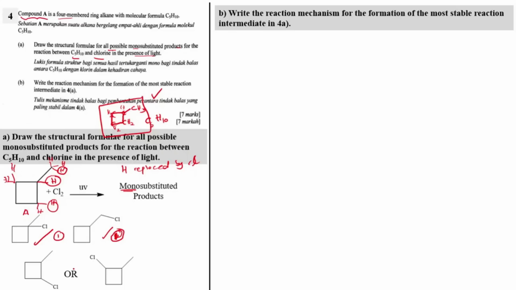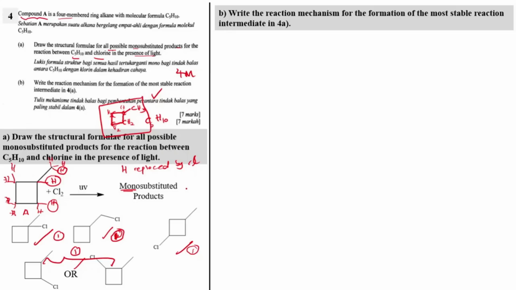Either one of these will carry another mark. And then the last mark is hydrogen on this side. You can choose here or here. If I change this one, I'm going to get Cl here. So it's going to have another mark here. So for question A, it will carry 4 marks.